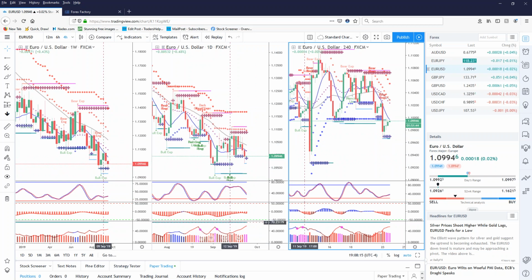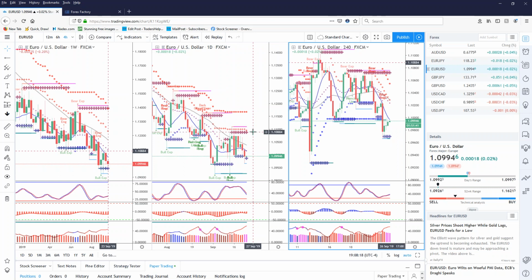Then over on the daily chart, you can see that you have a resistance area at 1088, and you have a potential support area at 0993. So if this area holds, then we could actually go back up and test the 1086 area. The question is going to be whether that area holds or not.